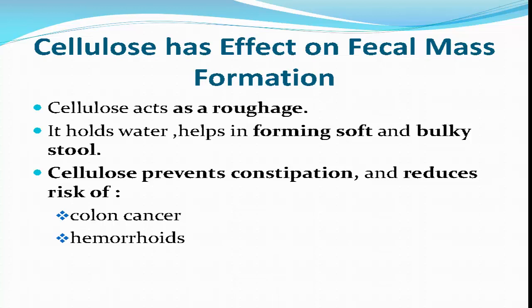So there will be much less constipation. The stool will pass much more easily through the intestine. So the most important role of dietary fiber is to form the volume, bulk and softness of the stool so that it can pass easily through the intestine and constipation does not occur.